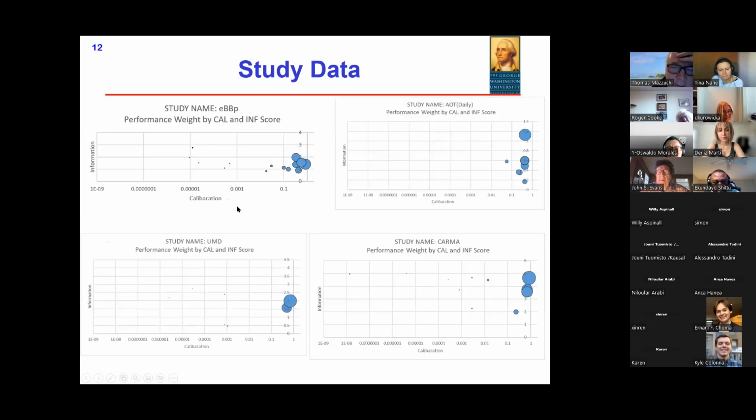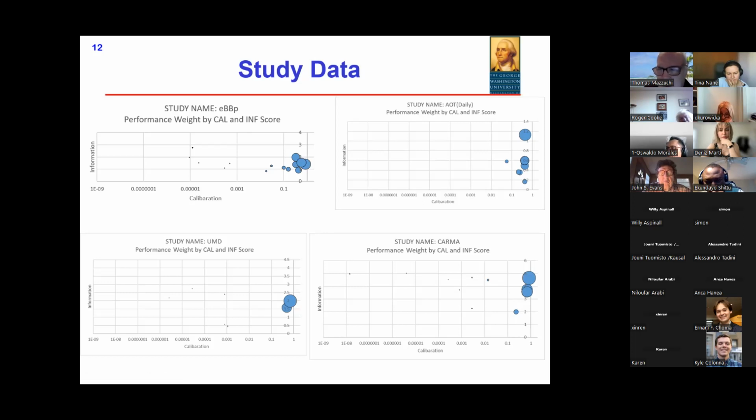One thing I thought of, just as a visualization, is to do a bubble graph of calibration, information, and weight size. I put a couple of different ones here. You can see that there are some where you have a cluster of a lot of weights and then weights tailing off, and some where you don't have very many weights that are noticeable. All these weights are non-zero.